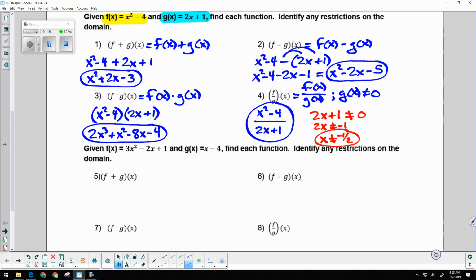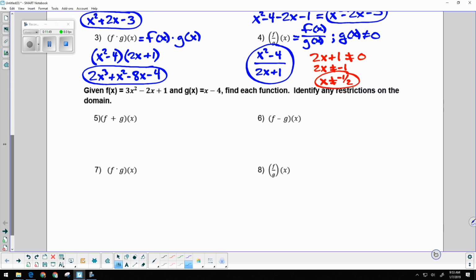Okay, your next task, after you've copied the chart up above and these 4 examples just as I have, is you are going to, on your own, work through 5, 6, 7, and 8. When you're done, you are going to pause the video and come up to my desk, and I will show you what your answer should be.